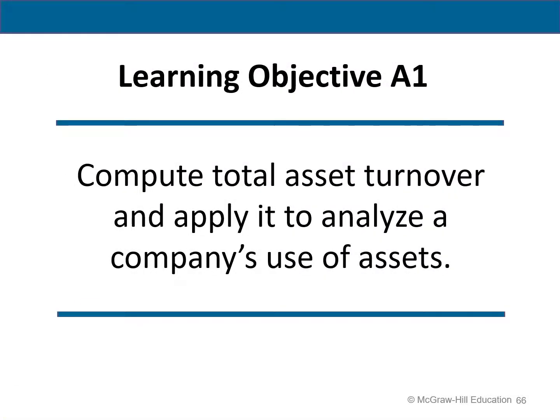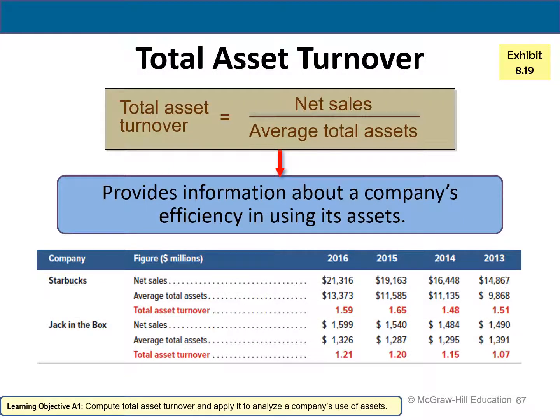All right, so total asset turnover, and how do we use that? Total asset turnover provides information about a company's efficiency in using its assets. It's calculated as net sales divided by average total assets. Here we've got total asset turnover for Starbucks and for Jack in the Box.